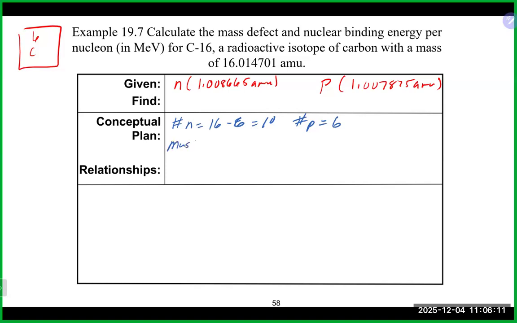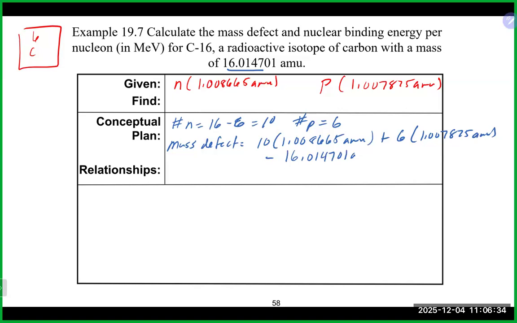So we'll calculate our mass defect first. Our mass defect is going to be 10 times our neutron mass, 1.008665, added to 6 times our proton mass, and then we're going to subtract the isotope's mass of 16.014701 from that. So that's 10 times 1.008665 plus 6 times 1.007825 minus 16.014701.